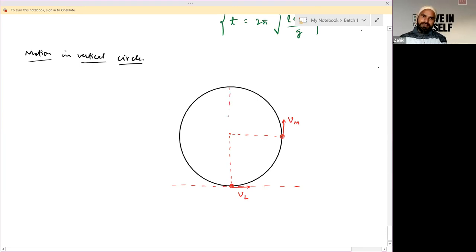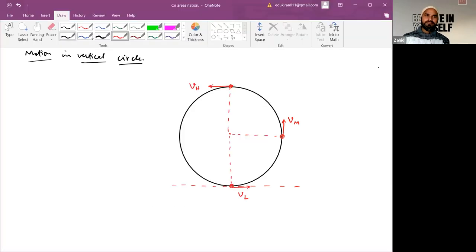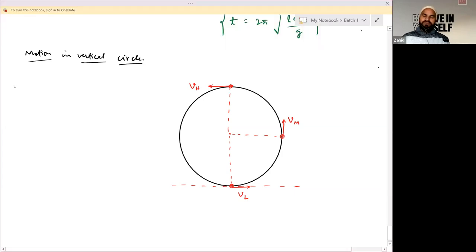And this is highest point at which body will have VH velocity. So we have to find velocity and tension minimum condition for completing this vertical circular path.